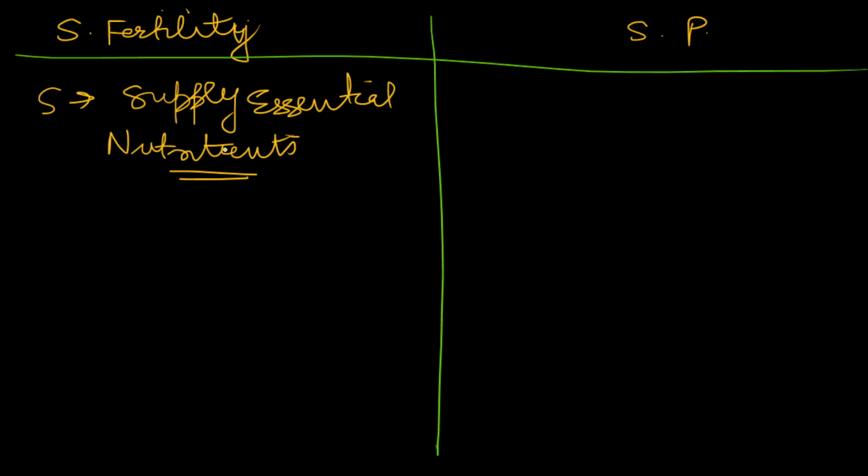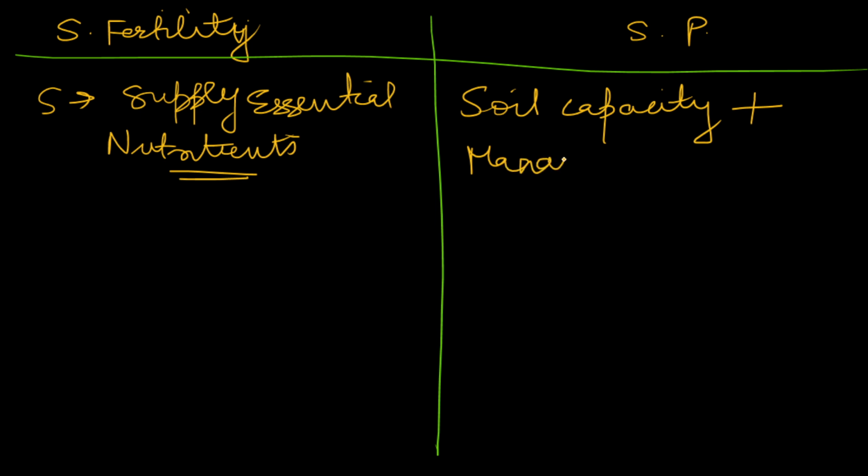But what is soil productivity? It is the soil's capacity to produce crops or plants under a specific set of management and environmental conditions. So soil productivity is soil capacity. Although soil fertility will be a part of soil productivity, here what gets added is management plus other factors such as climate.